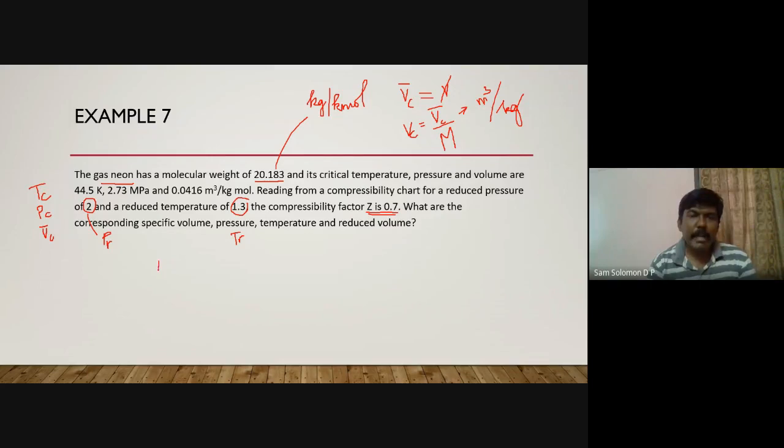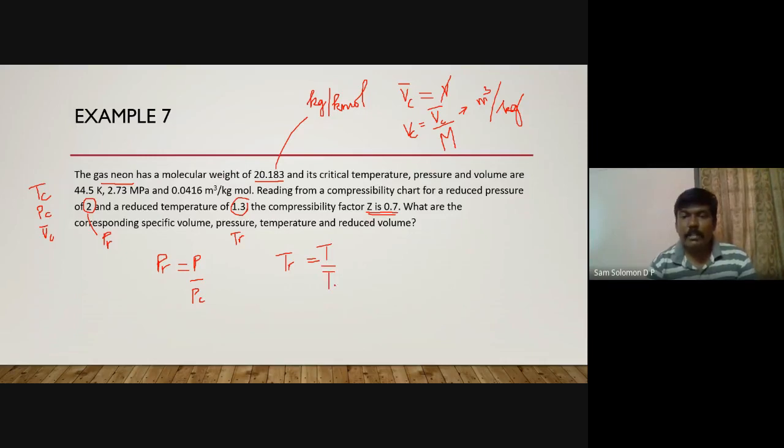And we know by definition, P_R is equal to P by P_C. That is the definition. T_R is equal to T by T_C.